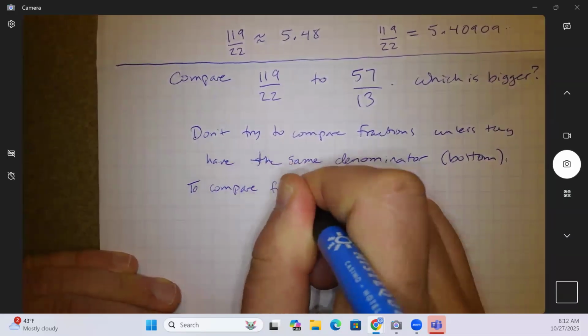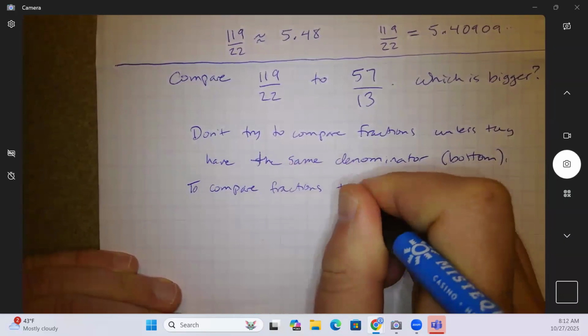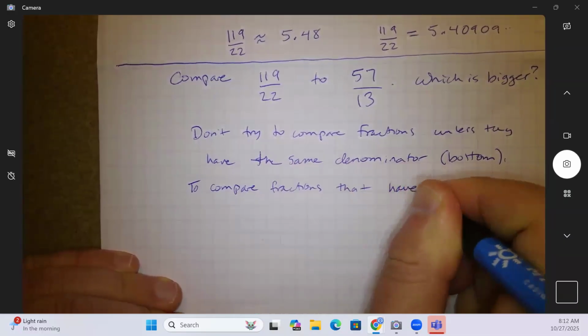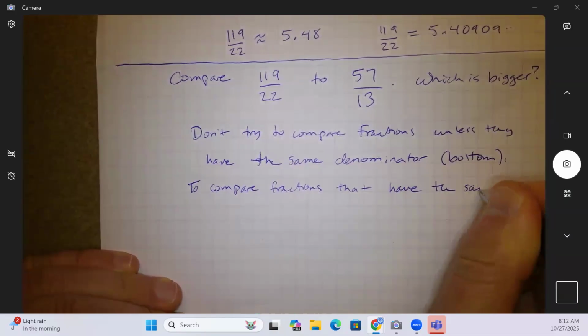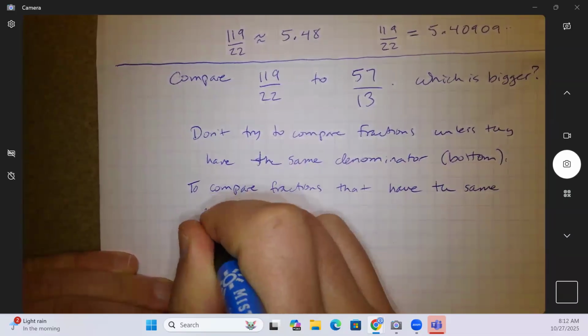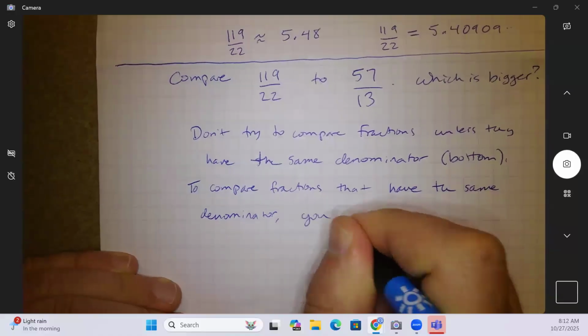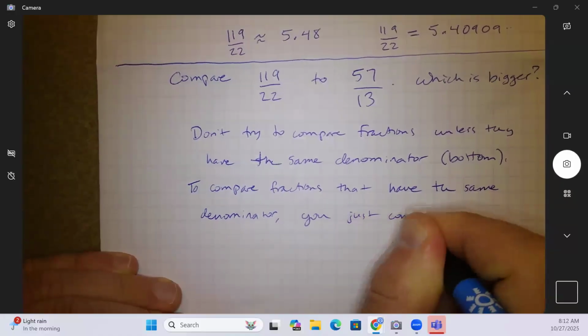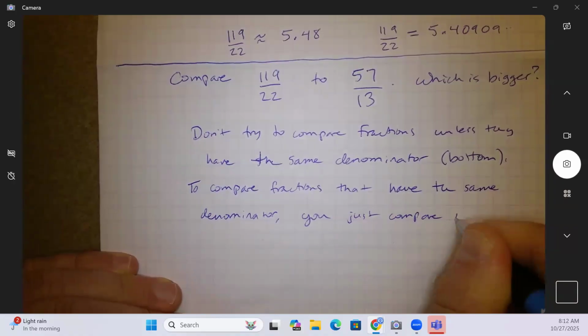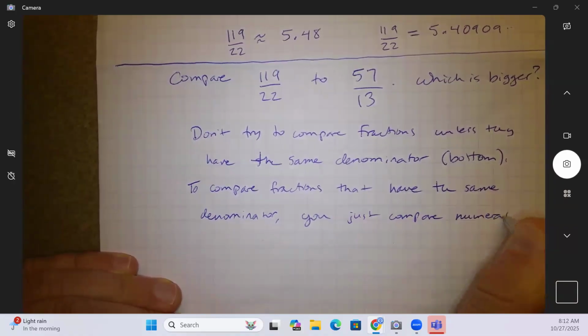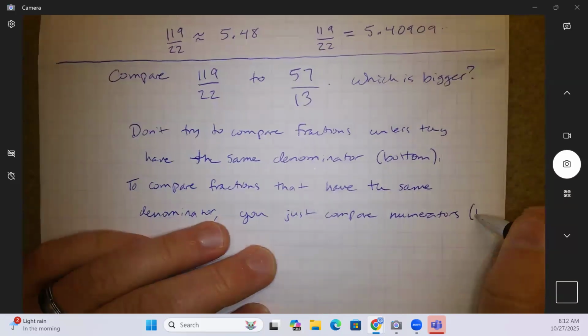So to compare fractions that have the same denominator, you just compare numerators, which is the top.